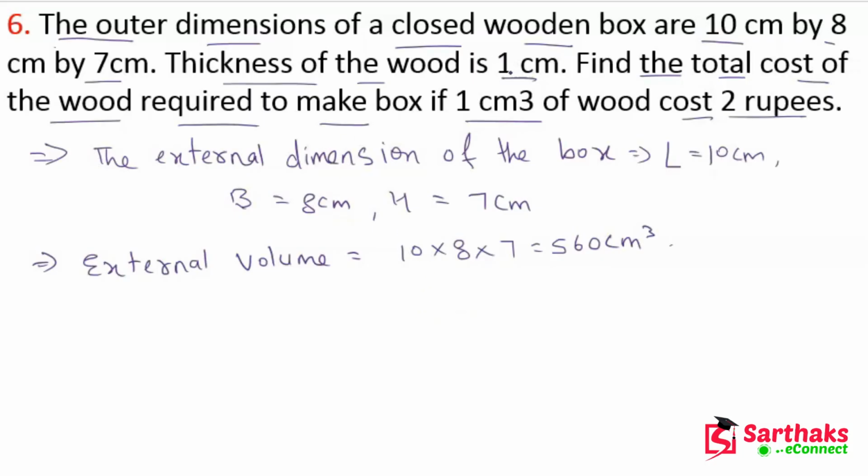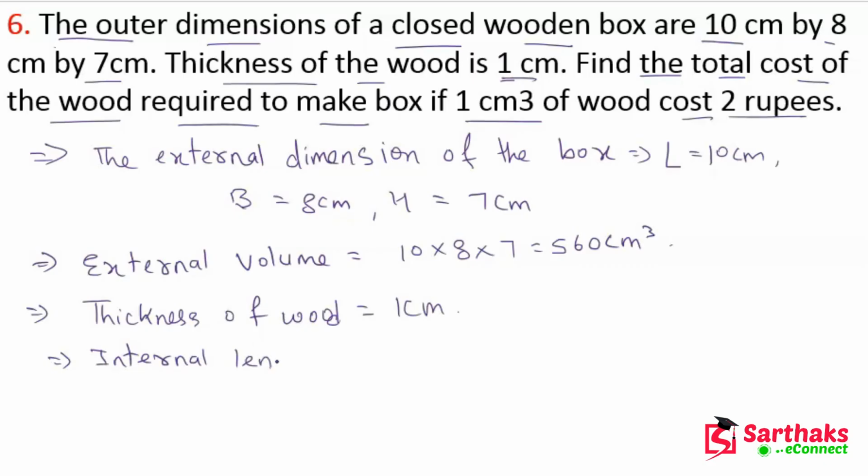Okay, now my dear friends, we have to find the internal length, breadth and height. The thickness of wood is 1 centimeter. So now the internal length: we have to subtract 2 from 10, because let's suppose this is a square and we have to find the internal length.